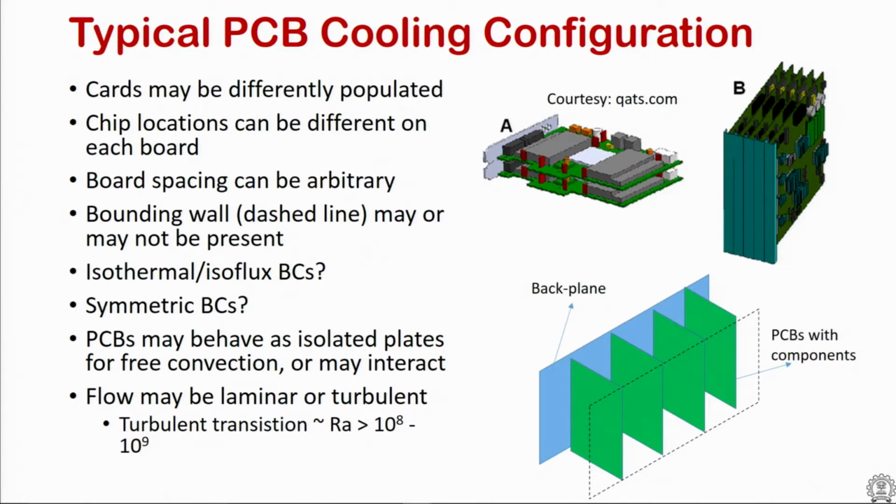In typical PCB situations, there are many cards or PCBs stacked in parallel as shown in this slide, and similar to the forced convection situation, there may not exist any symmetry, or any specific boundary condition, like whether we should treat it as an isothermal board, isoflux board, and so on.